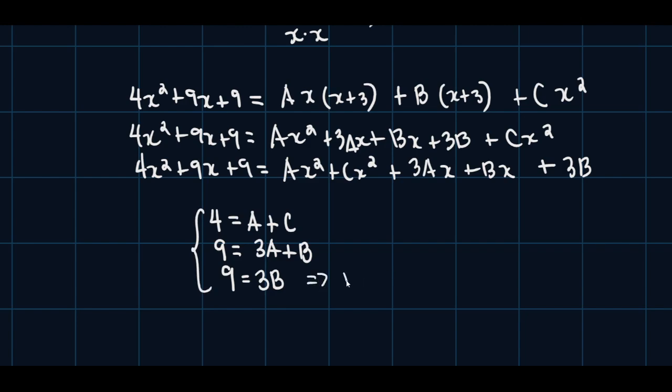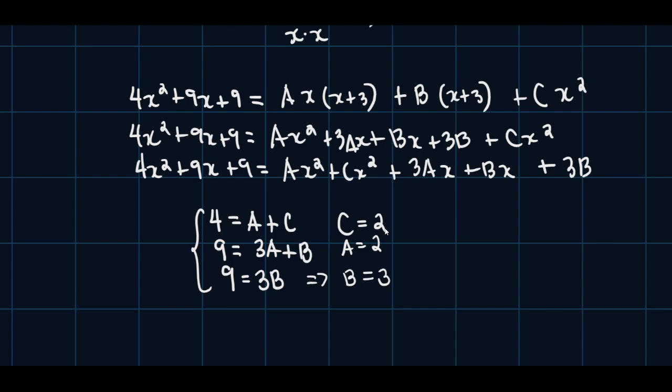Fairly easy to get the value of b. So b equals 3. If b equals 3, this gives us a equals 2, and c is also equal to 2. Okay?